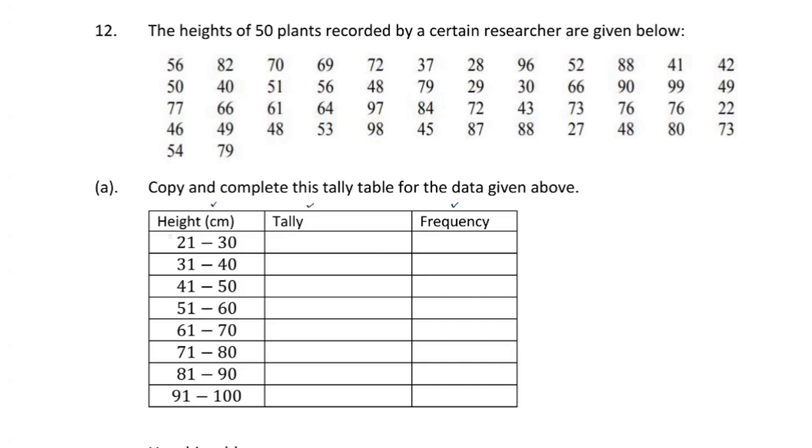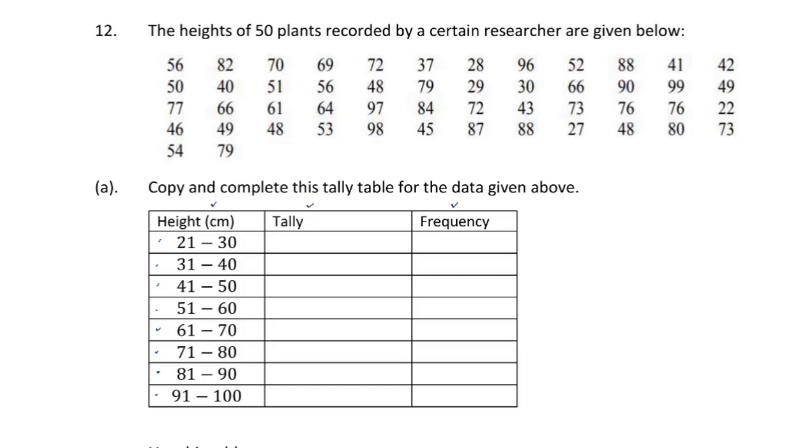The first one is 21 up to 30, then 31 to 40, 41 to 50, 51 to 60, 61 to 70, 71 to 80, 81 to 90, and the last one is 91 to 100.